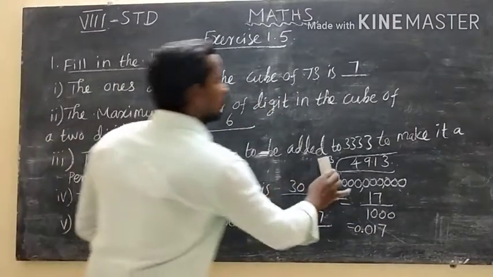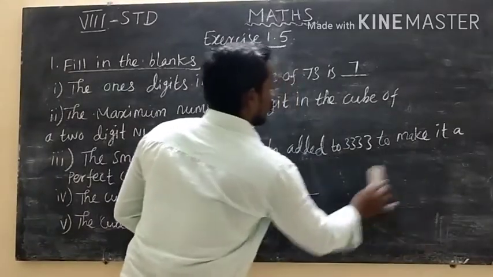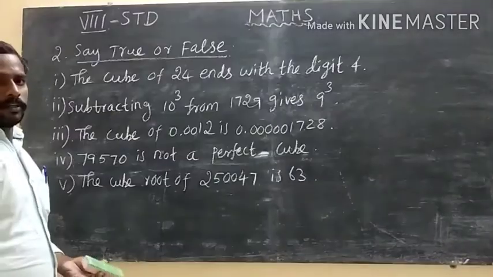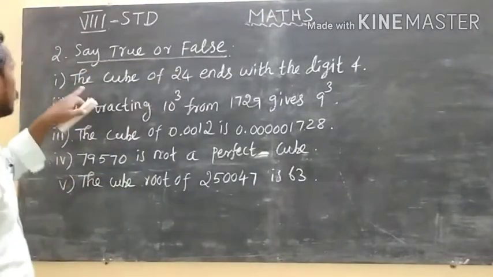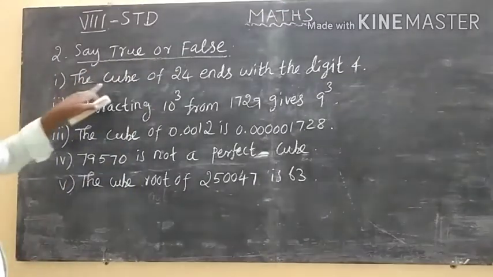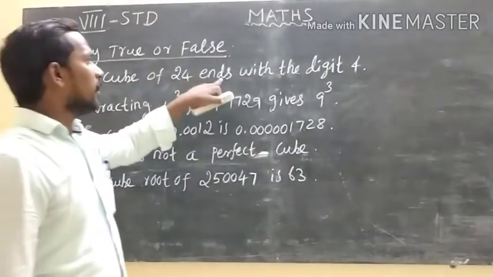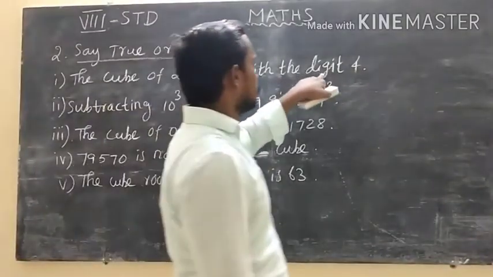Have you understood? These all are from the properties. Dear students, second question: say true or false. The first question: the cube of 24 ends with the digit 4.